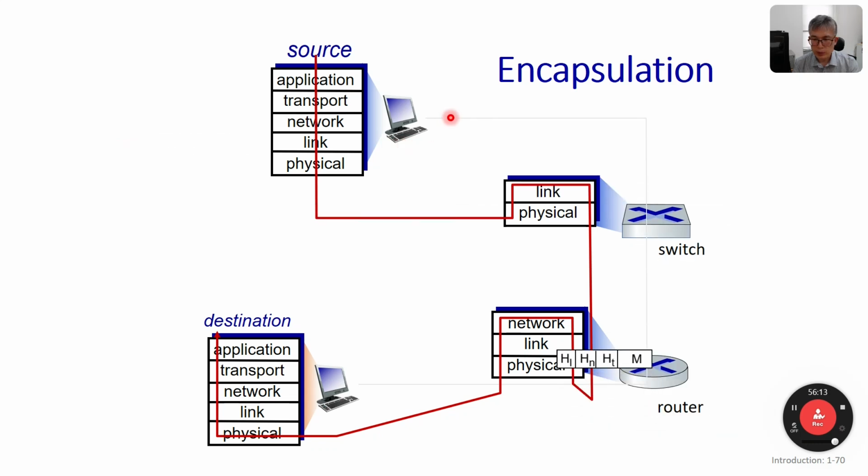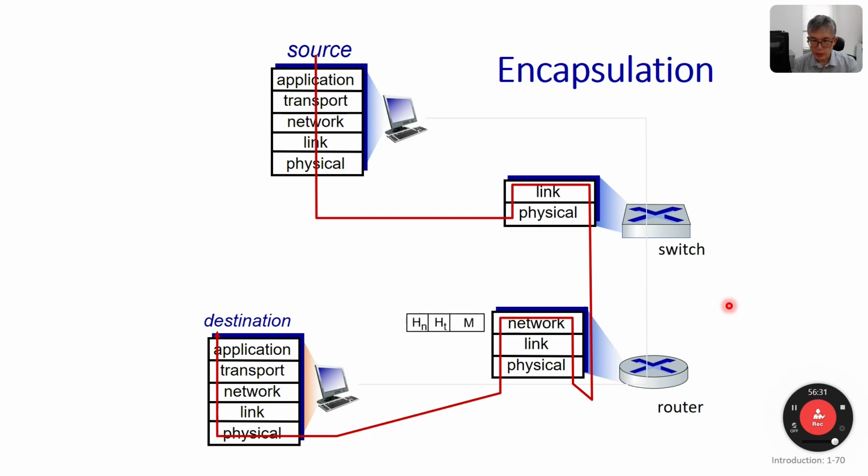Okay, and then a switch is L2. In the L3 case, the router looks up the next hop. Okay, and then it delivers, and the network layer also decreases the time to live, TTL, value.